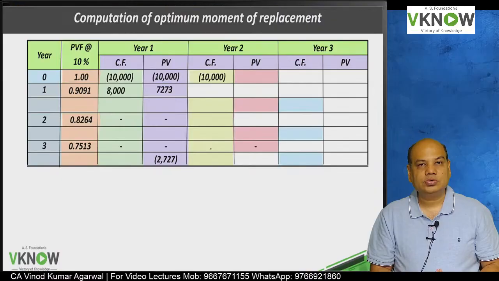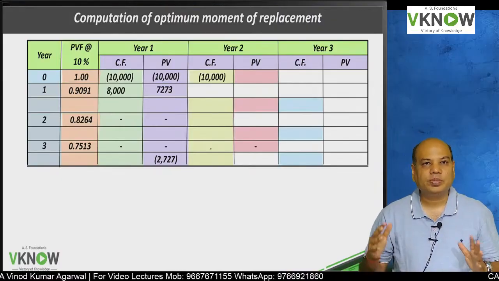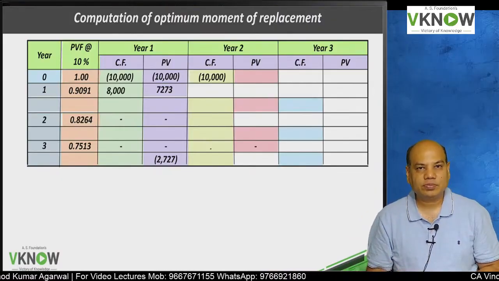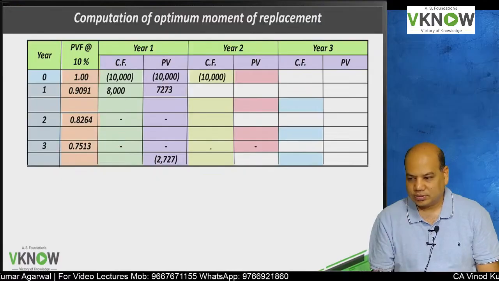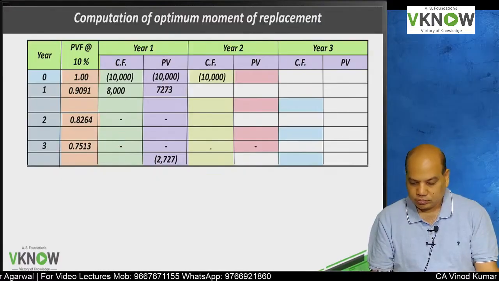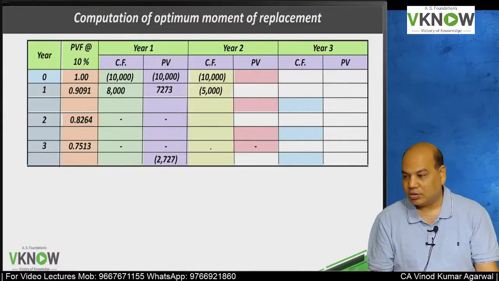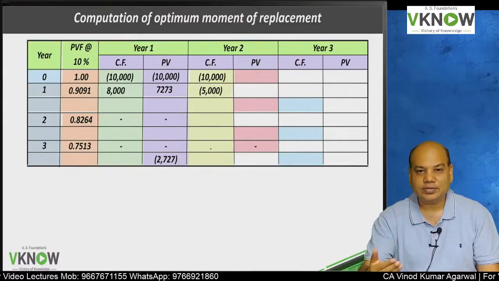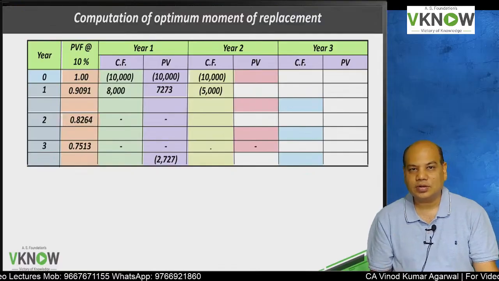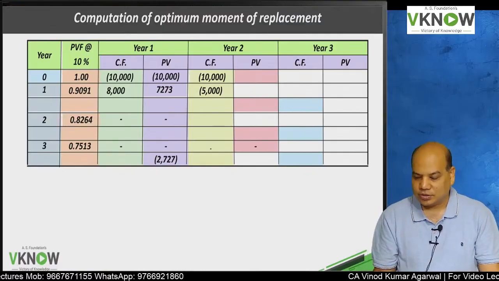Now suppose you want to purchase a moped and replace after 2 years. So first you will buy the moped, 10,000. In year 1, you will incur repair cost because you want to retain it. You want to use it for the next year. So you will retain it, 5,000.